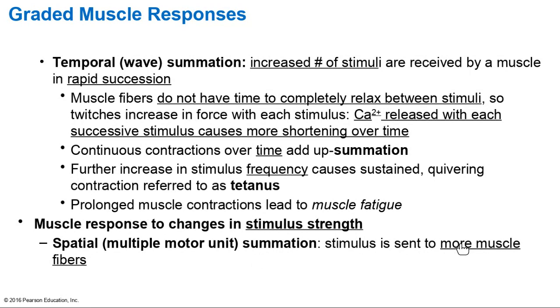Again, it's when you have a motor neuron stimulating a larger number of muscle fibers over a certain area. So a larger part of that whole muscle is being stimulated. All right. Now, when that happens, it causes that overall muscle to have a greater strength.